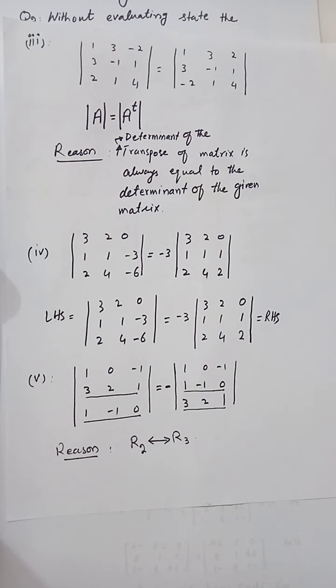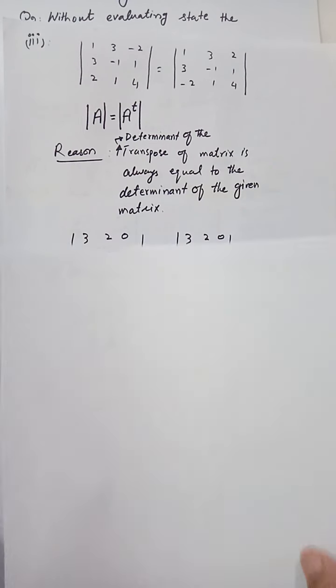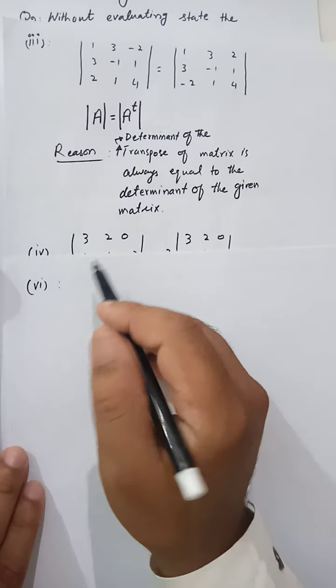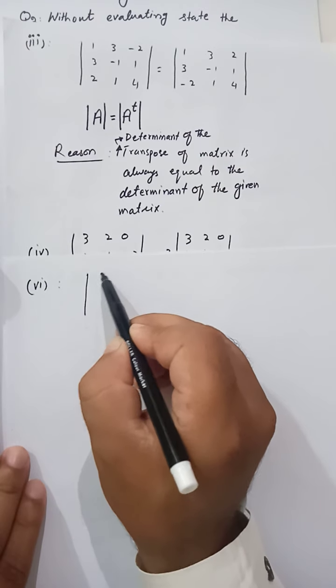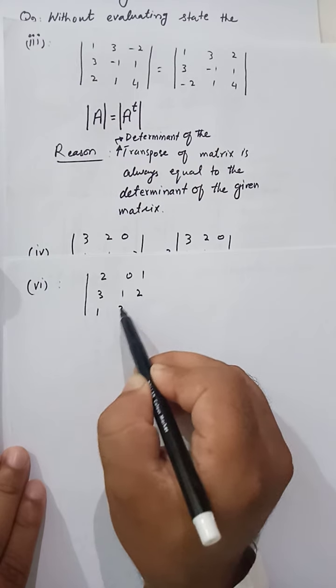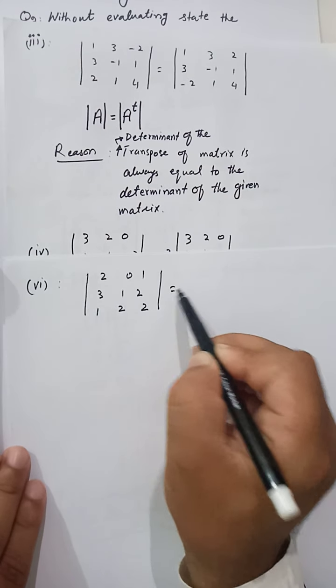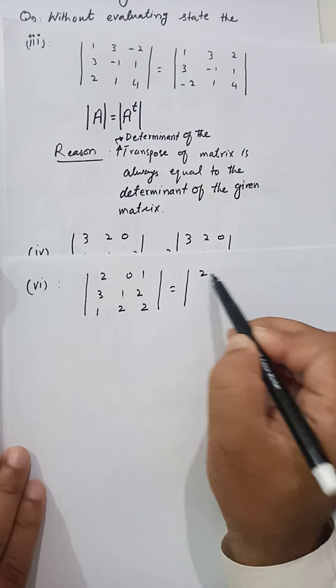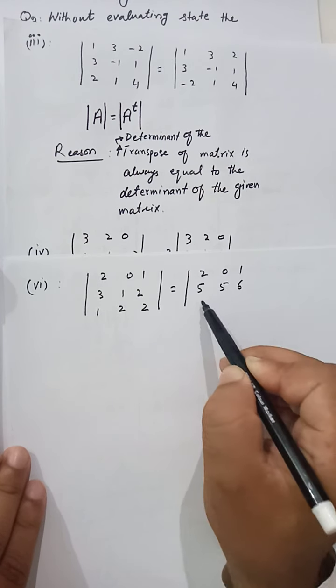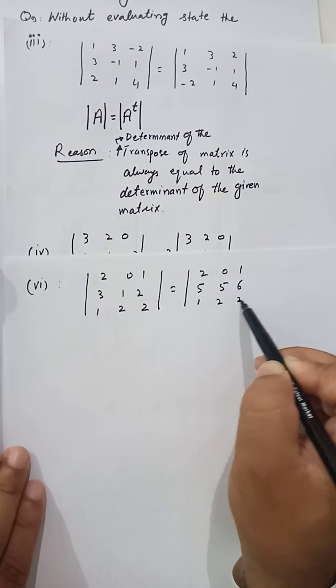Now the last part, which is part number 6 of question number 2. The equality is the determinant 2 0 1, 3 1 2, 1 2 2, which is equal to the determinant 2 0 1, 5 5 6, 1 2 2.